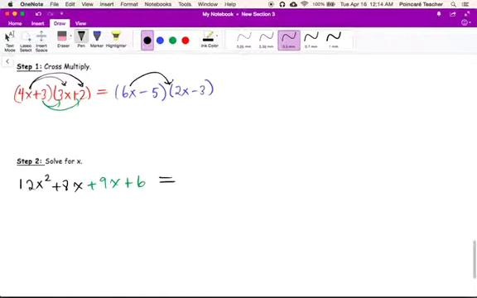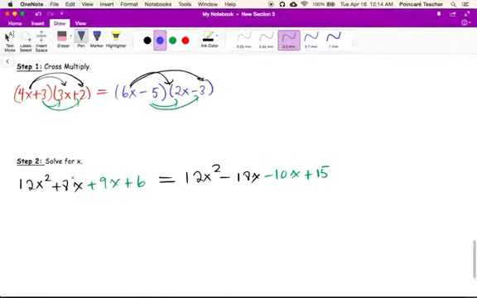And now I'm going to distribute the 6x here. So it'll be 12x squared plus 15, wait, no, yeah, negative 18x, and then we're going to distribute the negative 5, so that'll give us negative 10x plus 15.